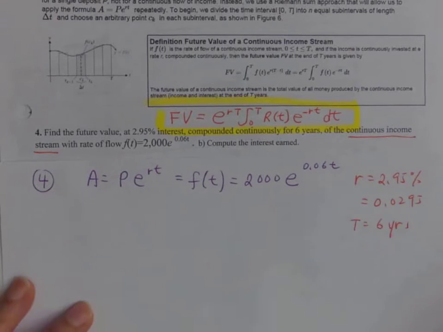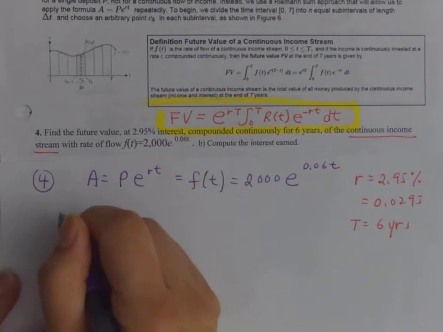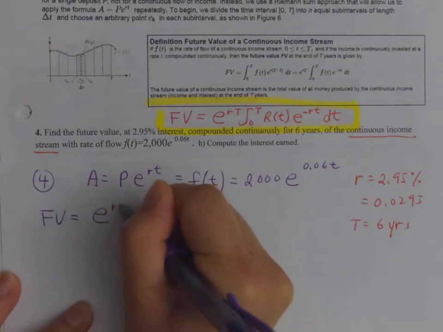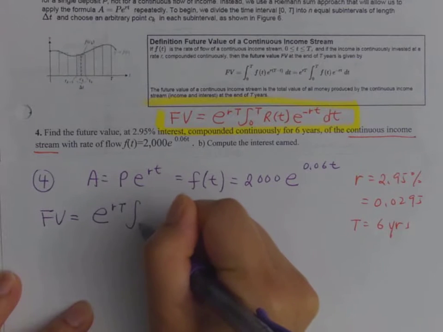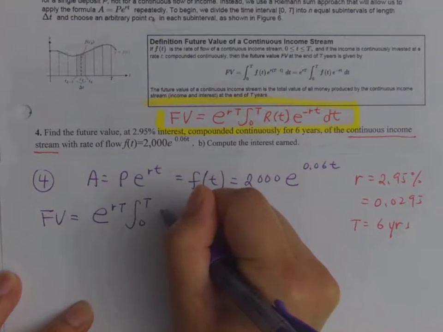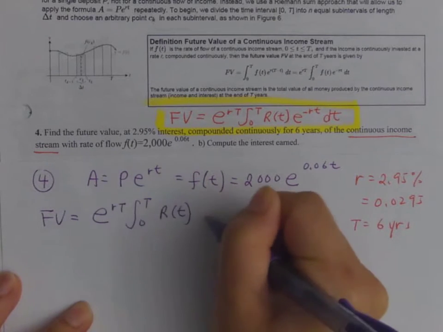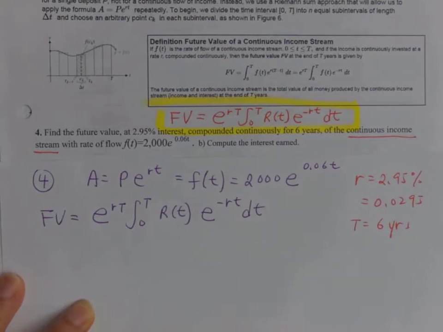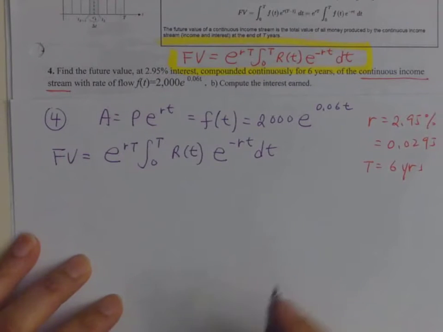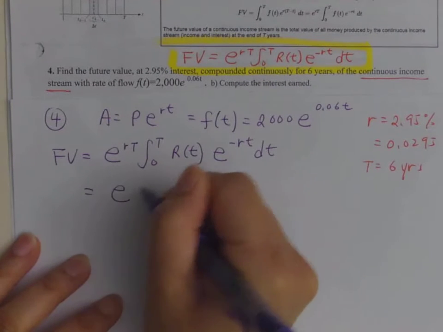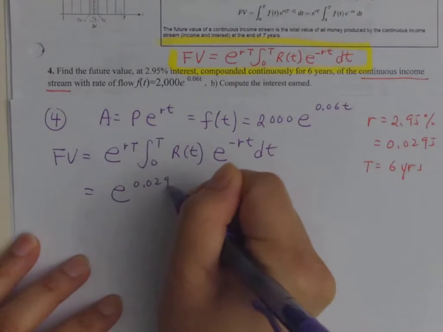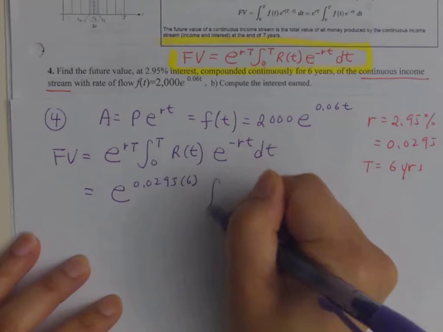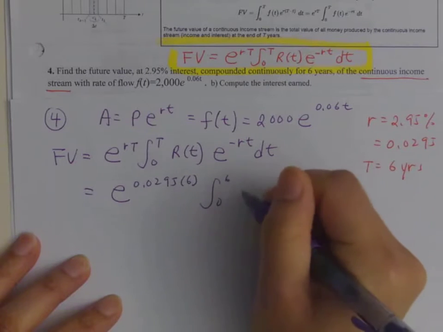All right, so the future value, let's write down the formula: e^(rT) times the integral from 0 to T of the function times e^(-rt) dt. So let's plug it in and see how this works. We're going to have e^(0.0295 times 6), and then take the integral from 0 to 6 years.